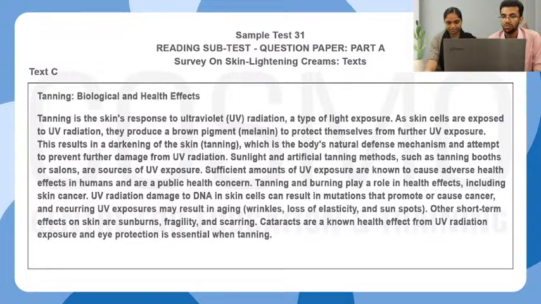Those two synonyms can be found in the last sentence of text C. Cataracts are a known health effect from UV radiation exposure, and eye protection is essential when tanning. So all of them got it right. Alina, Mayuri, Devi Nandana, and who else? I think it's Alfie.